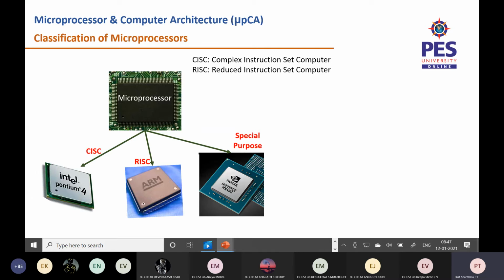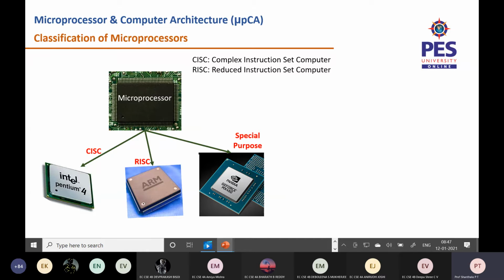Now we need to understand RISC and CISC, which is very important to understand other concepts: why we are moving to CISC machines and why we are moving to RISC machines. The abbreviation of CISC is complex instruction set computer and RISC is reduced instruction set computer. See, the name itself says it. CISC is a complex machine and RISC is a smaller one, I mean reduced instruction.